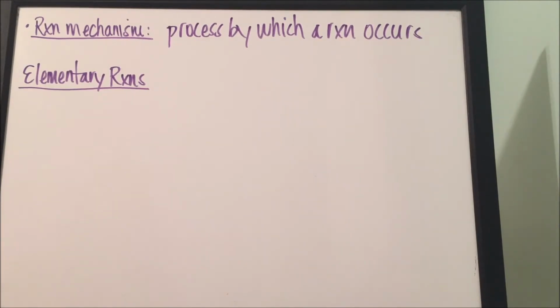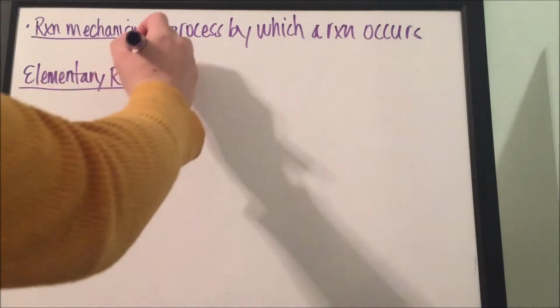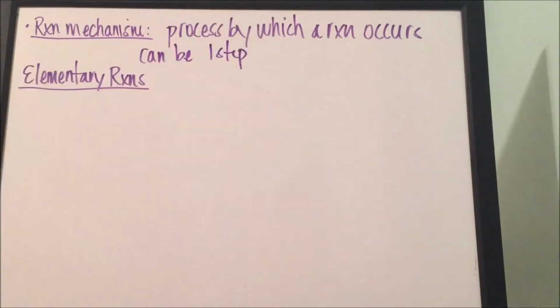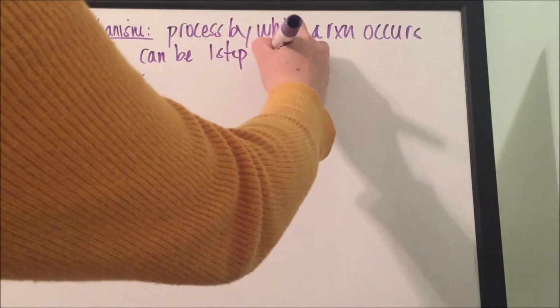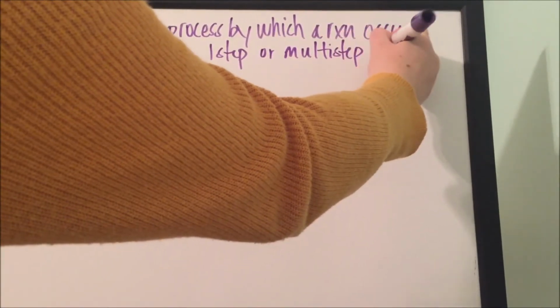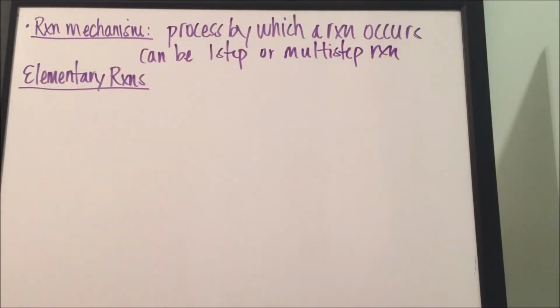So you can kind of think of it like a series of steps, except that sometimes these reactions are only one step, meaning something collides with something else and you have products, or it can be multi-step, meaning there's 2 steps or even 3 steps before we get to the products. So we can have single-step reactions or multi-step reactions.